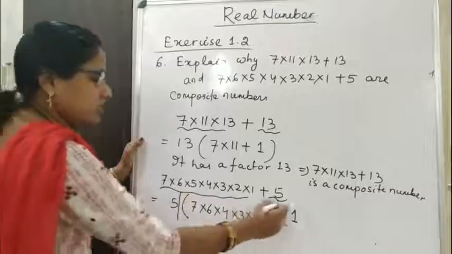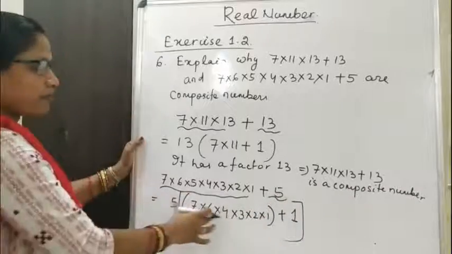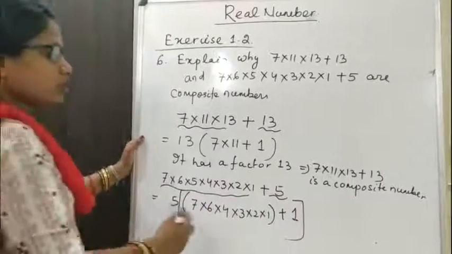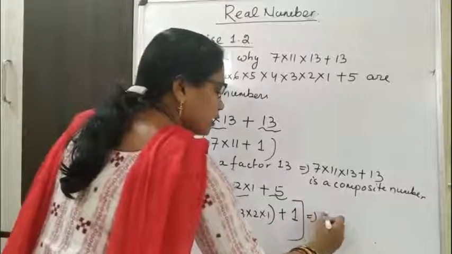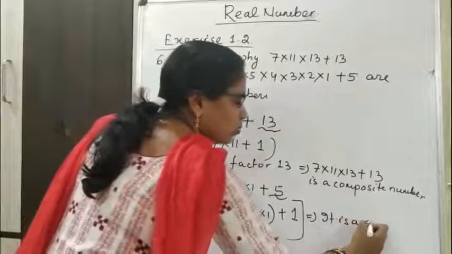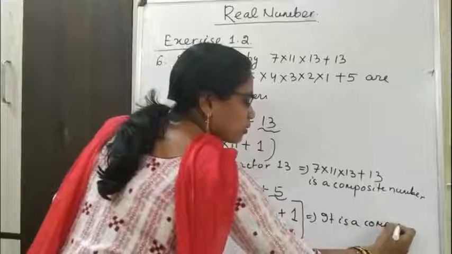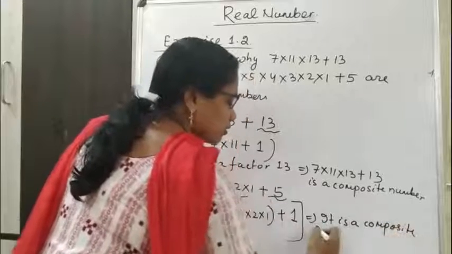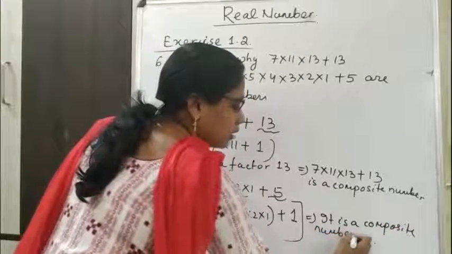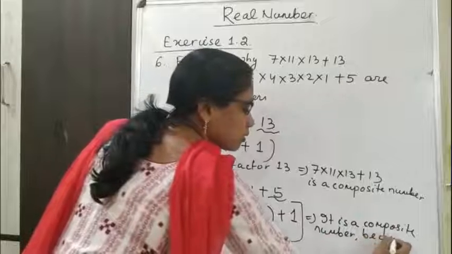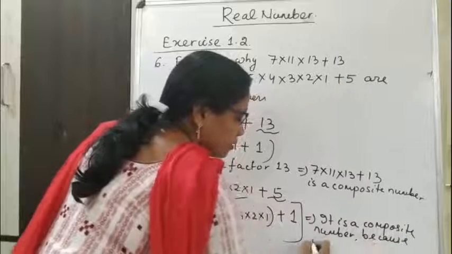So 5 is a factor of this number. So this implies it is a composite number, because 5 is a factor.